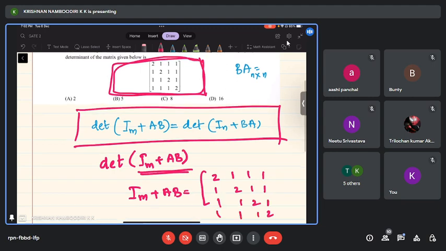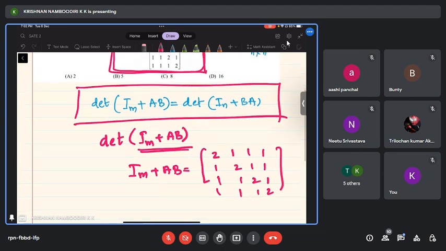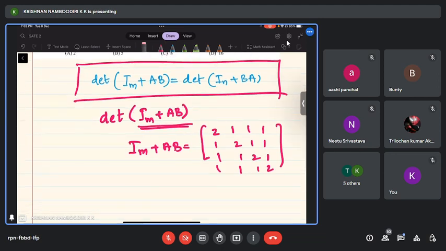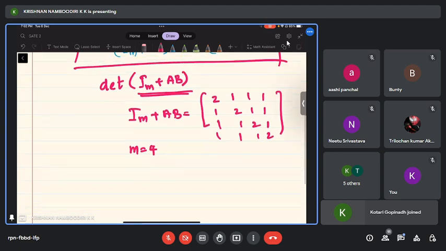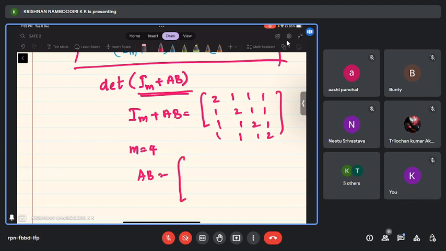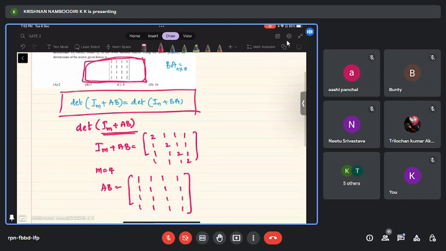The matrix is of size 4 cross 4, so from this, what do you get? M equal to 4. That's very straightforward. Now, what is AB then? Im plus AB is this, so AB is the 4 cross 4 matrix with all entries 1. Up to this, does everybody agree?